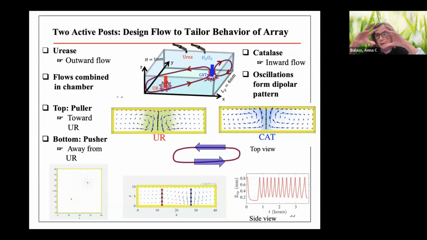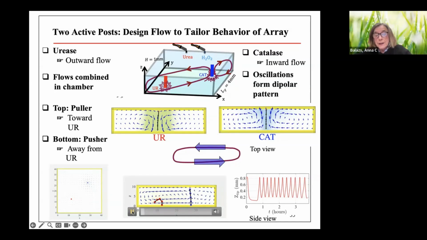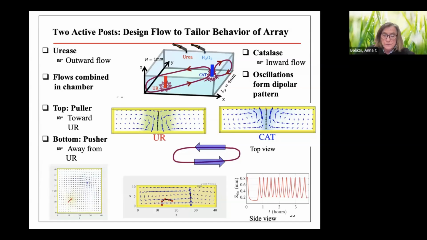And so the sum of these interactions looks like the picture in the middle, near the bottom. Here's another example, even though they're both active, one moves and the other doesn't. They're both active, but I can just get oscillatory behavior in one. So again, there are design rules. We know how to put them together to get the desired behavior.